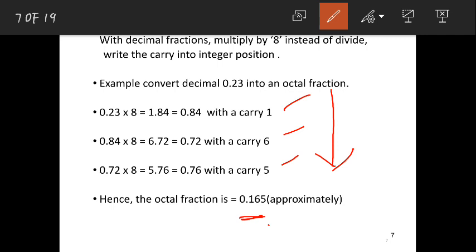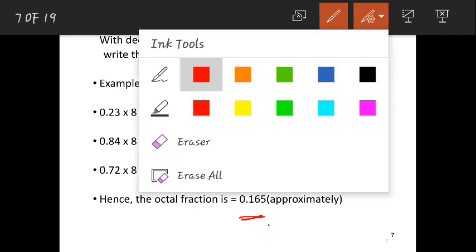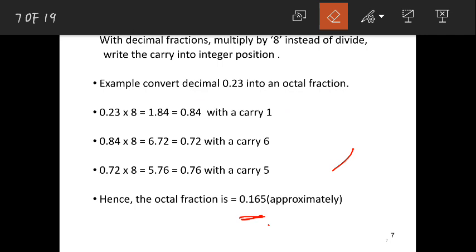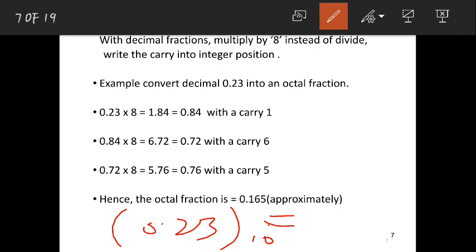So the decimal number you had before was 0.23, a decimal fraction value. When you convert it into octal, you need to write it in this order. First you have 1, 6 and 5 to the base 8.